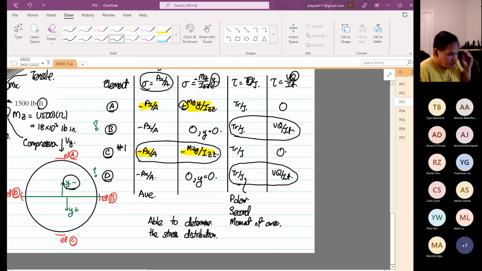We know it's point C because we have minus Px over here and minus Mz over Izz multiplied by y. When you combine them in terms of normal stress, the magnitude is going to be the highest. How about shear? Which one? So now we're going to focus on the shear.